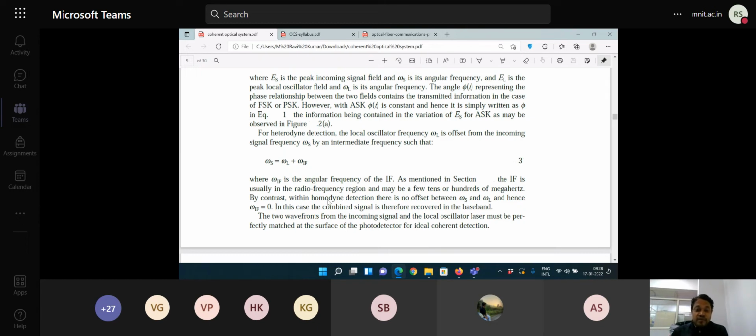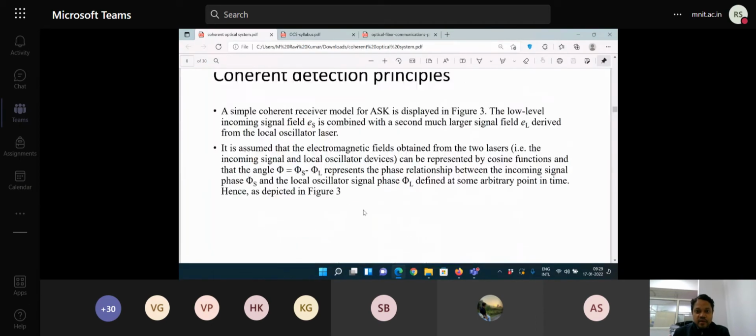When we are considering homodyne detection, in that case there is no offset between omega s and omega l, and that would mean that omega f is 0. So the combined signal would therefore come directly in the baseband.